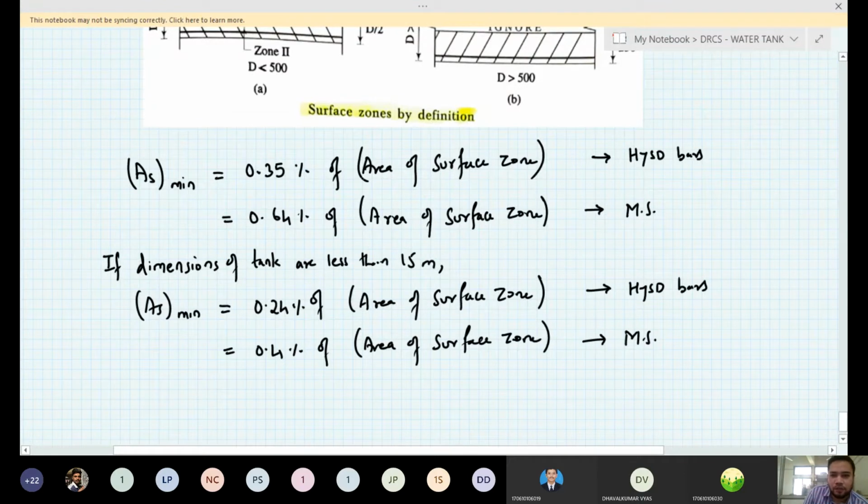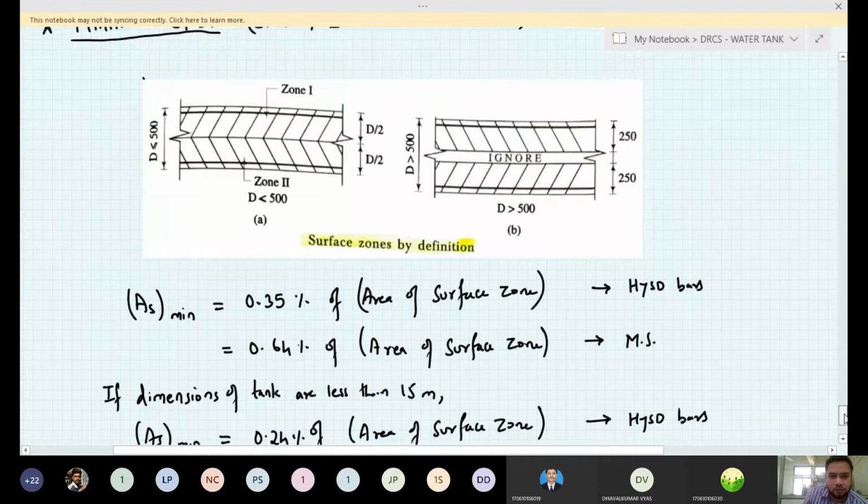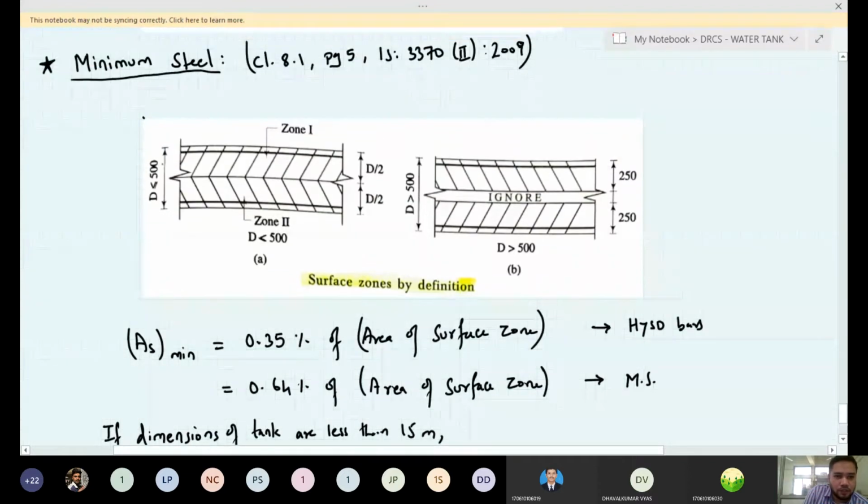Now here the term surface zone is used. So what does this surface zone mean? In case the depth or the thickness of the wall is less than 500, then the surface zone is the portion within the depth d by 2 on the upper and the lower side.